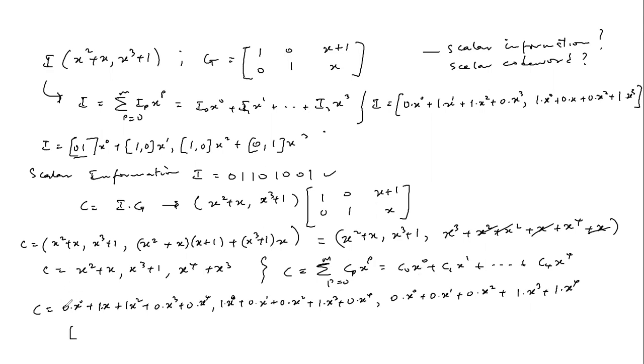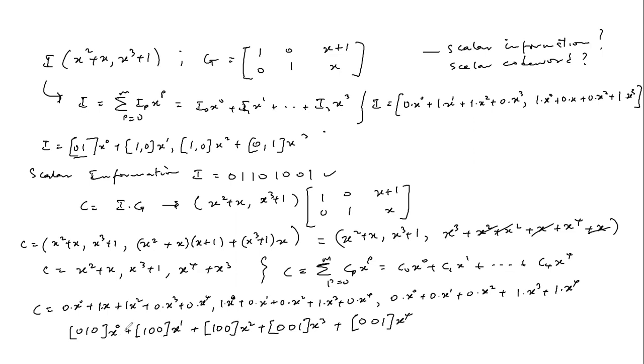So we have 0, 1, 0 for x to the power of naught plus this 1, 0, 0, 1, 0, 0, x to the power of 1 plus for x squared 1, 0, 0, 1, 0, 0 for x squared. Then for x cubed we have 0, 0, 1, 0, 0, 1 x cubed plus x to the power of 4, 0, 0, 1 x to the power of 4.